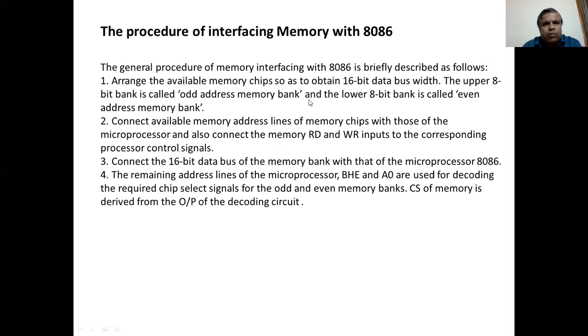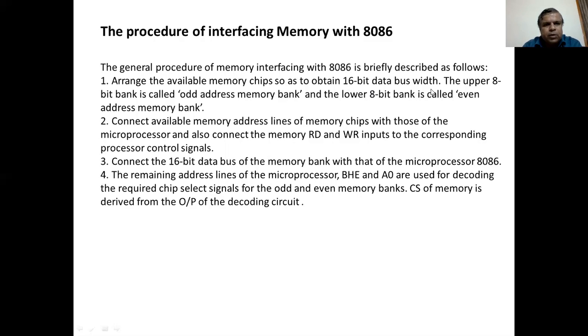The next step: before taking an example of interfacing a memory with 8086, you should know the steps of interfacing memory with 8086. The general procedure is briefly described as follows. There are 4 major steps. First step, arrange the available memory chips so as to obtain a 16-bit data bus width.